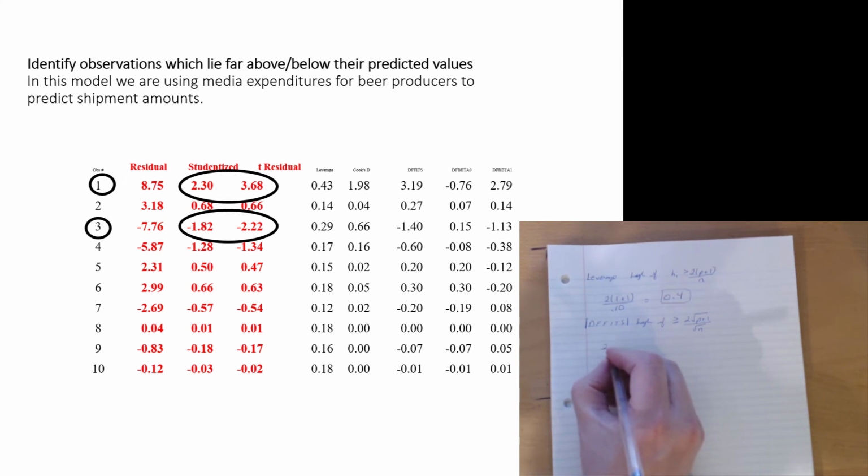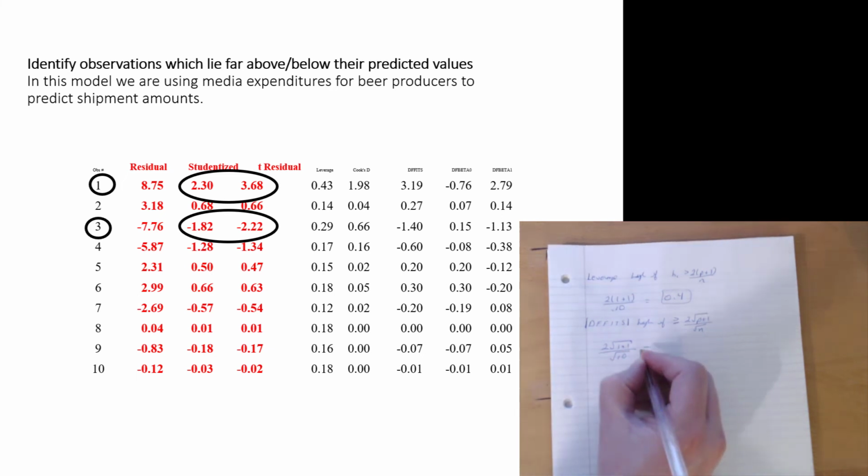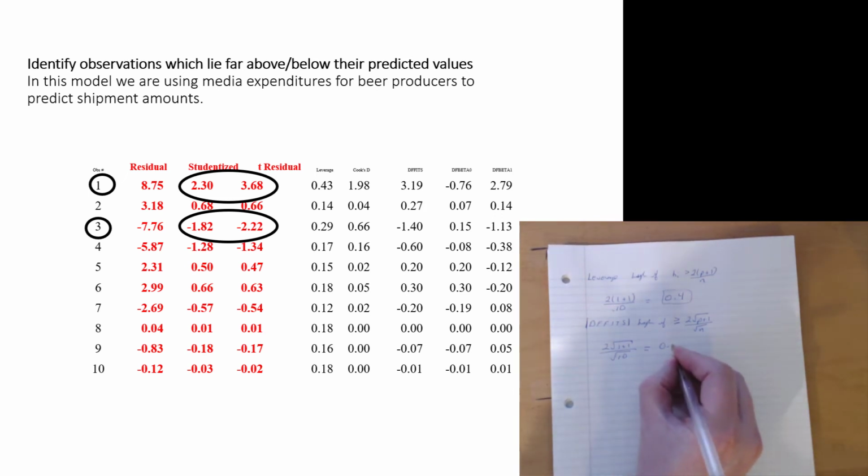So that cutoff value is 2 times the square root of (1 plus 1) divided by the square root of 10. We calculate that number, and it is 0.89 or so. Now we can look at our DF fits for a number whose absolute value is higher than 0.9.